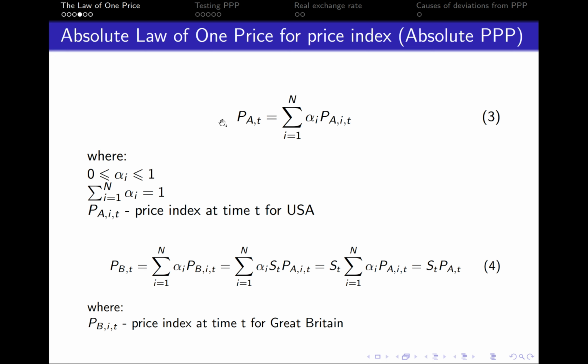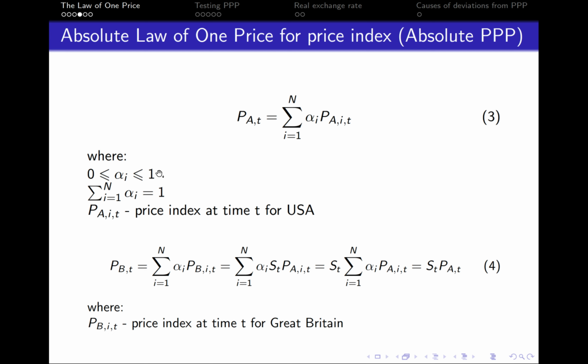The price index in the United States at time t is equal to the sum for all n goods of the prices of all goods times their weights. Now, those weights, of course, must be between 0 and 1.